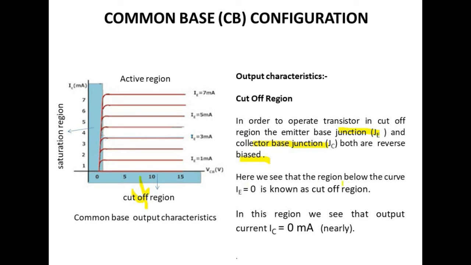Here we see that the region below the curve IE equals 0 is known as the cutoff region. In this region the output current IC equals 0 milliampere, or we say the device is cut off. The device is practically off because the output current IC equals 0 milliampere.